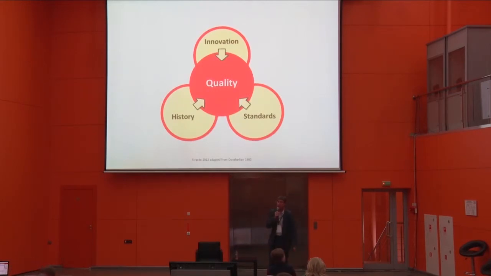Okay, and let me also remind you, next to these three dimensions, open education always has to be a combination of the history, that means our experiences in learning, education, training; the innovation, that is, for example, also provided by new methodologies, by progressive education, but also by new technologies; and standards that are helping us as a framework, as guidelines, to facilitate and meet the quality in open education.